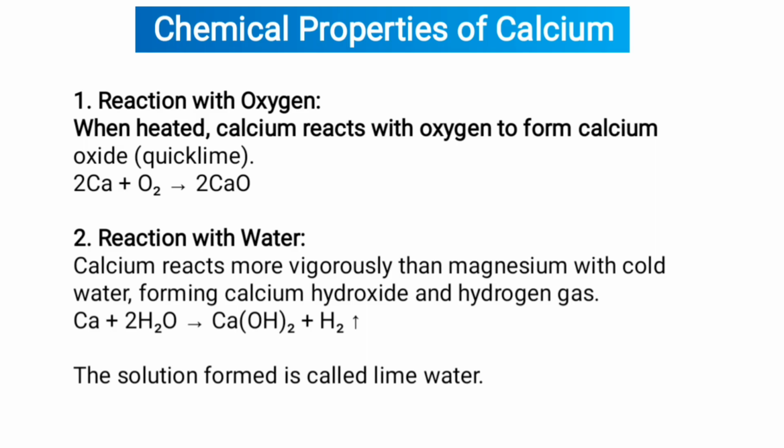Calcium reacts more vigorously than magnesium with cold water, forming calcium hydroxide and hydrogen gas: Ca plus 2H2O gives Ca(OH)2 plus H2. So, when calcium reacts with cold water, it gives calcium hydroxide plus hydrogen gas. The solution formed is called lime water.